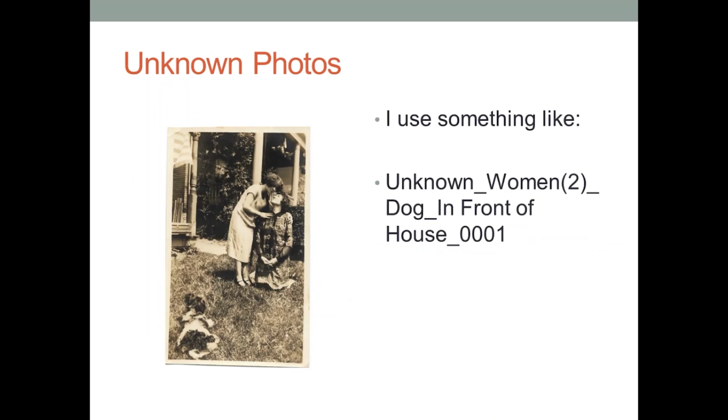For unknown or mystery photos, I'll use something like this. Unknown, women, then how many there are, in this case 2. Dog, in front of house, 0001. This will make it easier to find if you're looking for it and don't know who's in it, where it was, or what time period it was taken.